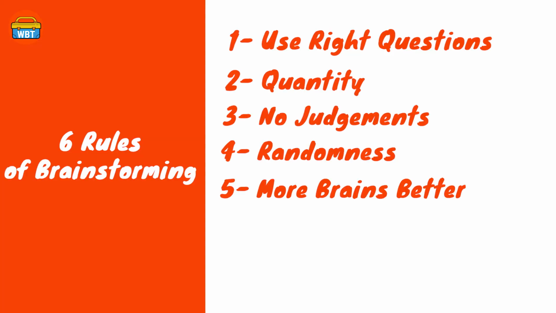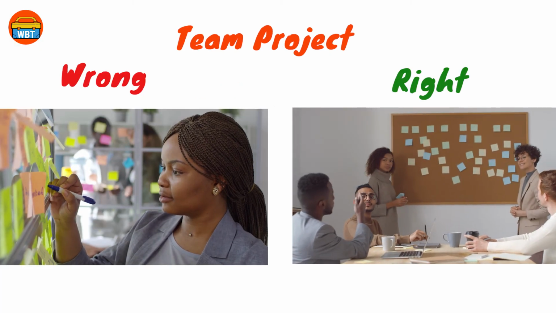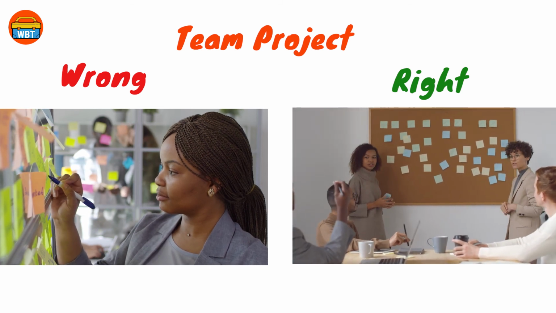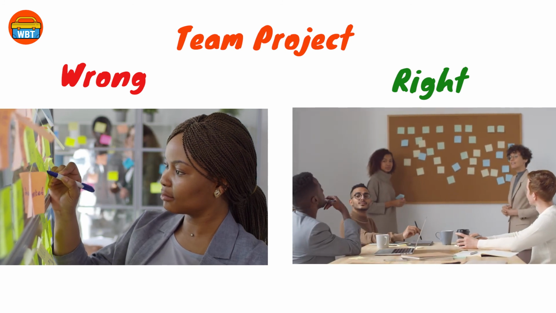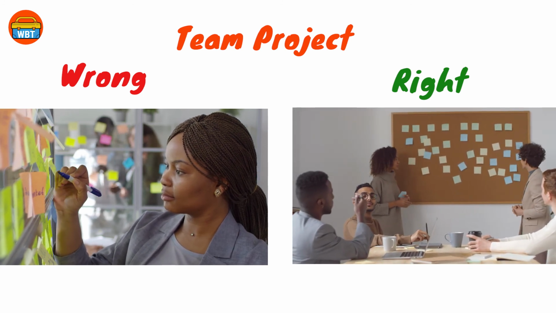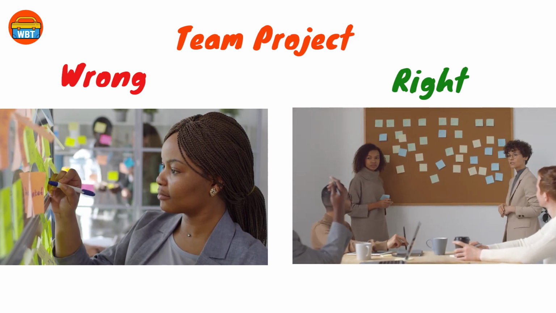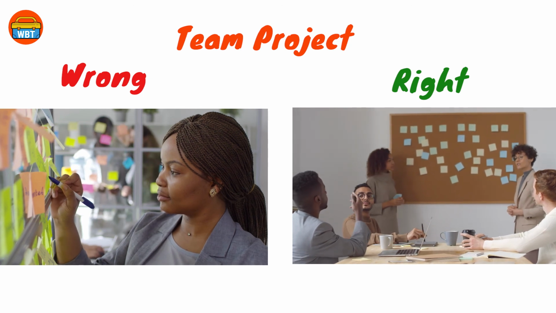Next, we have more brains are better than one. Having more people to brainstorm an idea is preferred to doing it alone, since each one of us is different and has different perspectives, different views of the problem, different experience and background, etc. That's why it's recommended to have everyone in your team in the brainstorming session, unlike other more specific meetings like developing the actual thing, where you'll need the developers only.